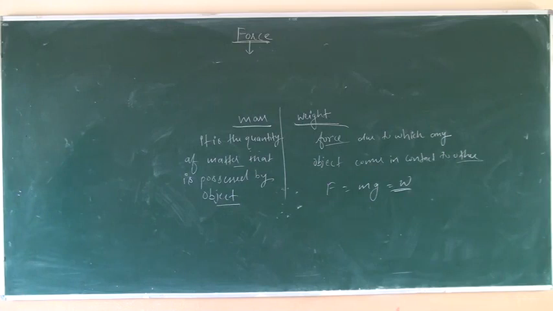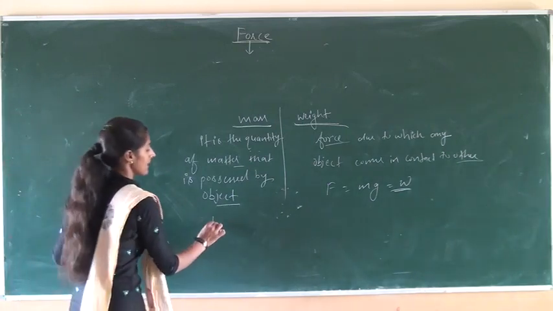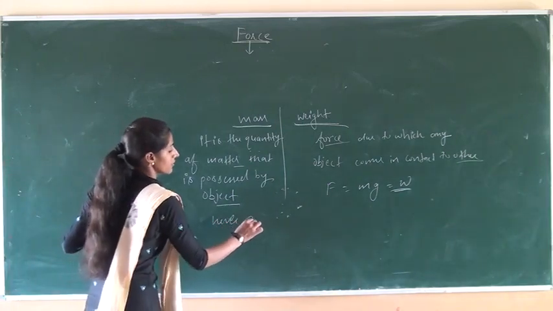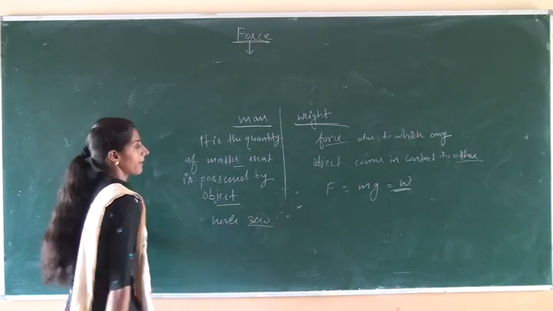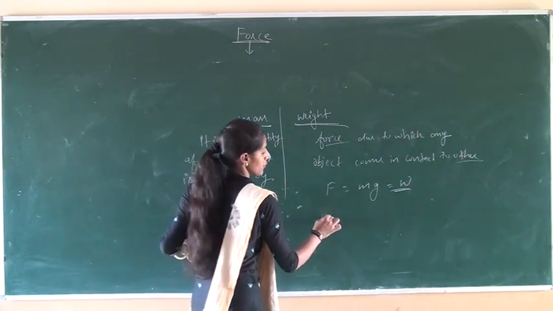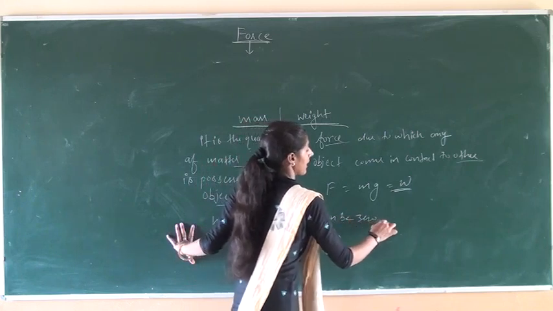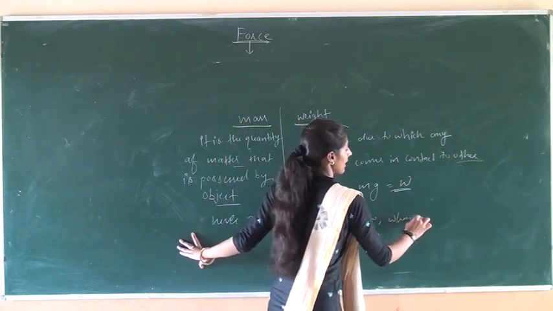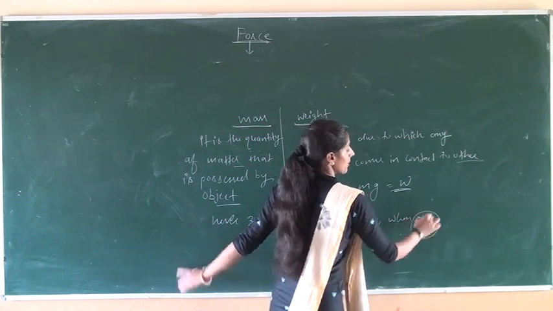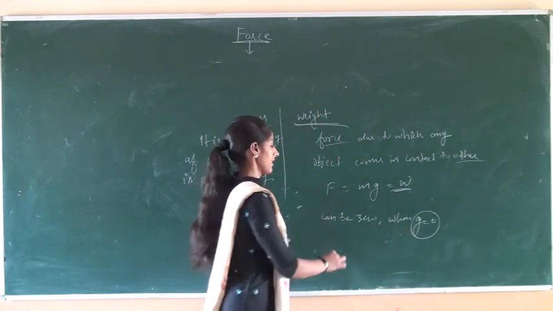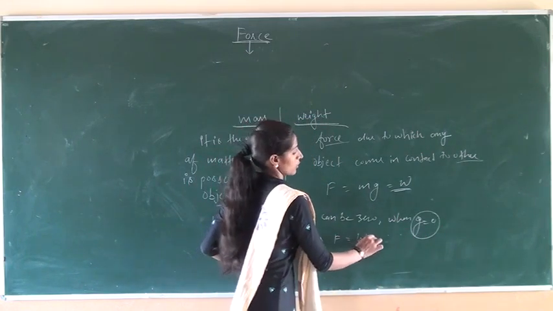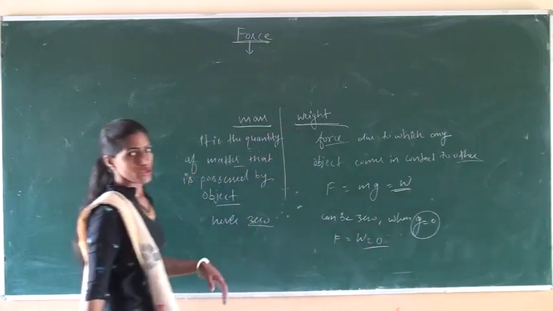Okay. After that, mass is never zero, but weight can be zero. When the value of g is 0, means at the center of the earth, then the force, or weight, is equal to 0.